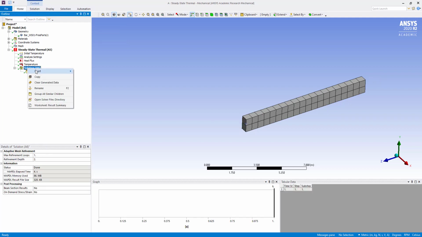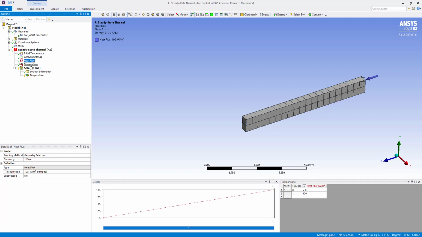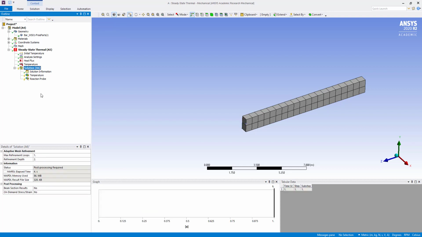We are going to insert thermal temperature here and reaction probe. Okay, right click and evaluate all results.